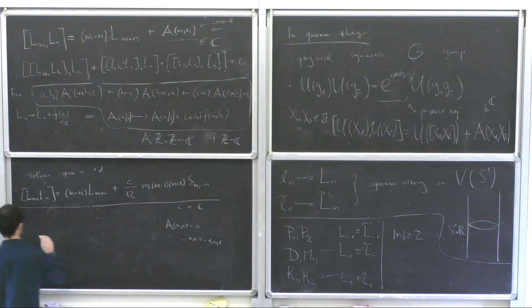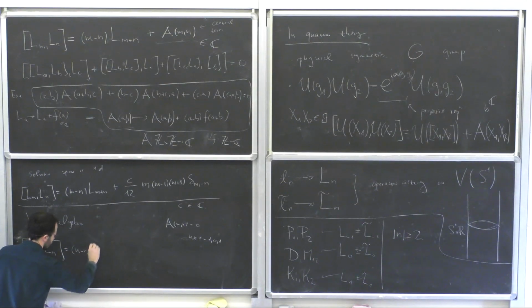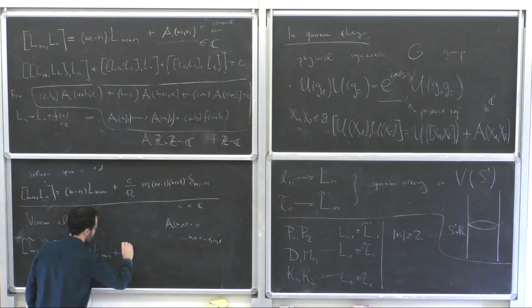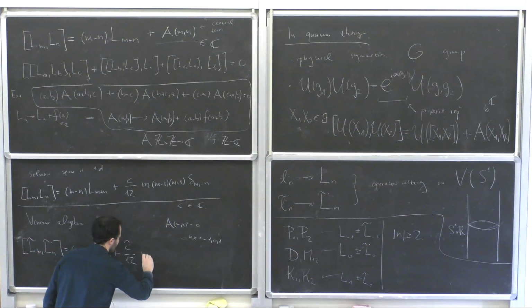This is called the Virasoro algebra. And we get the same kind of thing for the L tildes, where in principle we could have a different c, some different value. So far, from what I've said, it doesn't follow that they have to be the same.